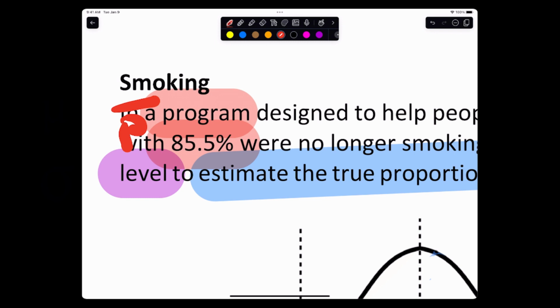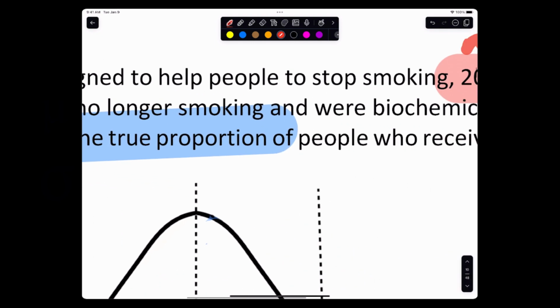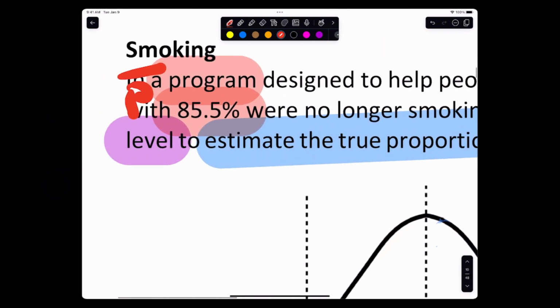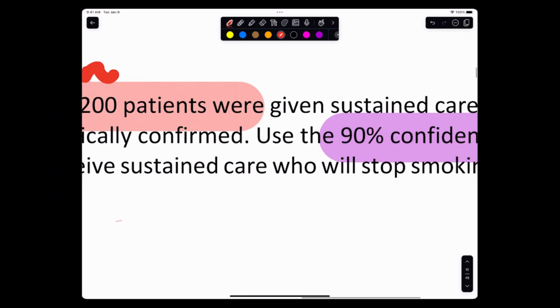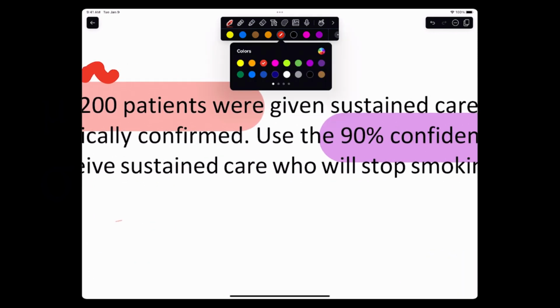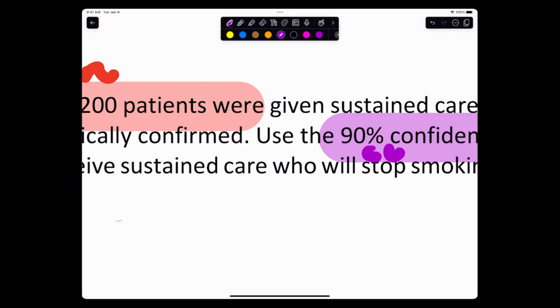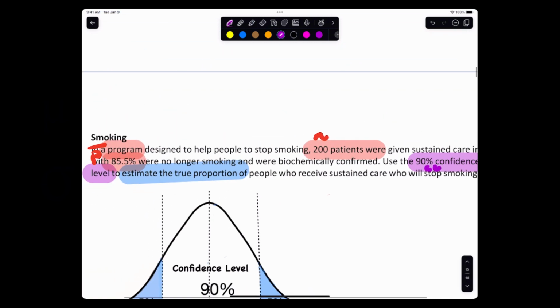They can be nice and give me the percent? Sure. They just did. They told you this is not successes. This is not X. This is the sample proportion. Okay. All right. Now you might say, okay, what was the confidence level? 90%. And then estimate what?